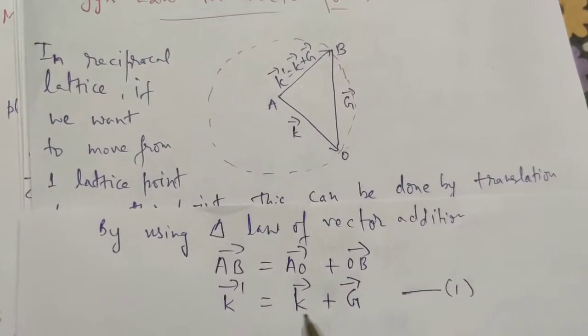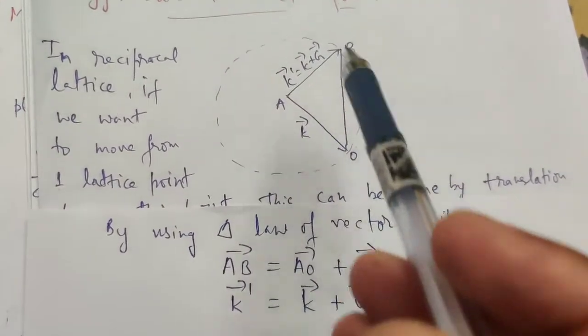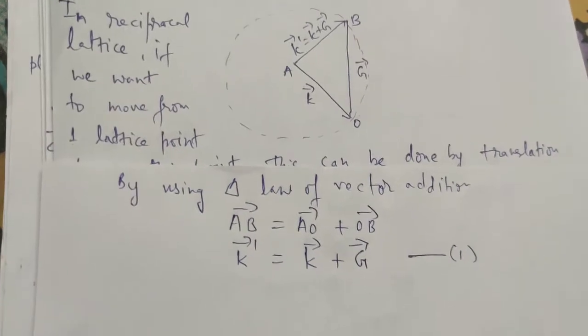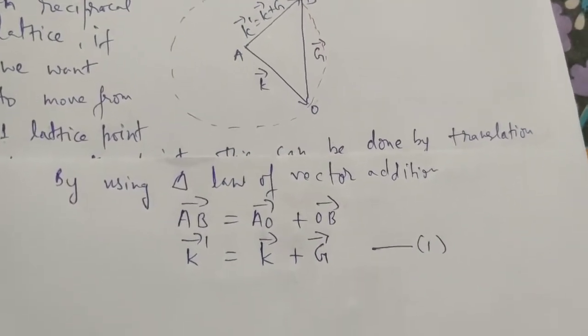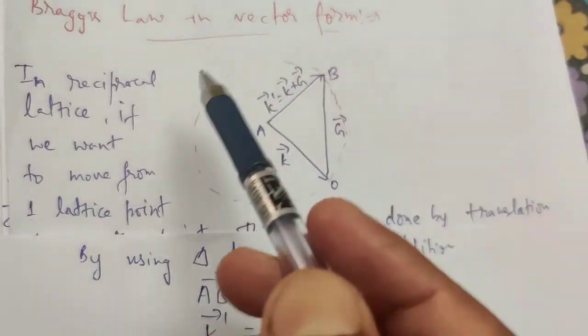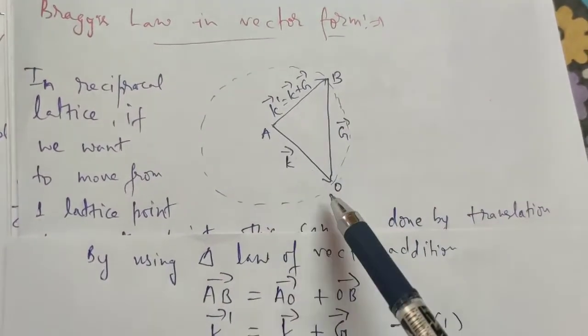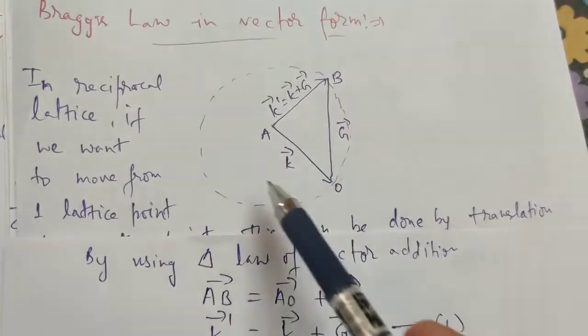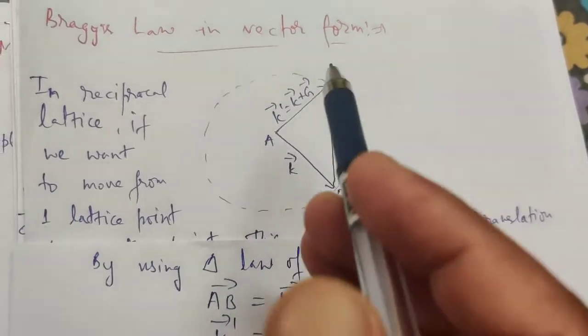I have read this by applying the triangle law of vector addition to this vector diagram of the Ewald sphere, the Ewald circle. The Ewald sphere is basically in 3 dimensions. Since this is a circle, these are the radii of this circle, and the radii in any direction will be the same.